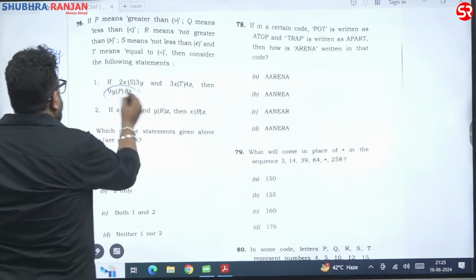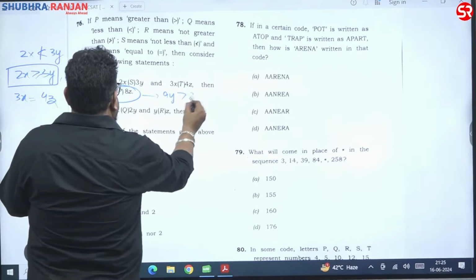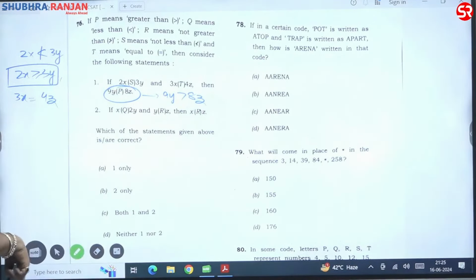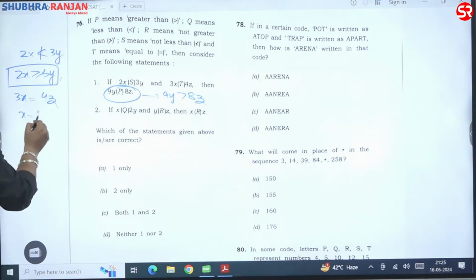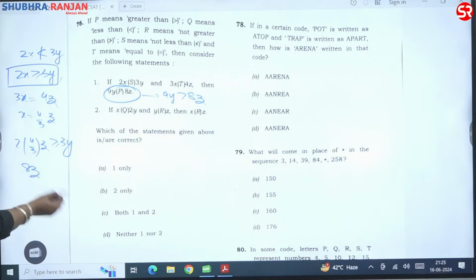Is the relation 9y greater than 8z? If you combine them together, y and z, you just need to remove x. So x is equal to 4/3 times z. This would give you 2 times 4/3 times z is greater than or equal to 3y, isn't it? So 8 times z is greater than or equal to 9y. So it is not giving you this as a result.